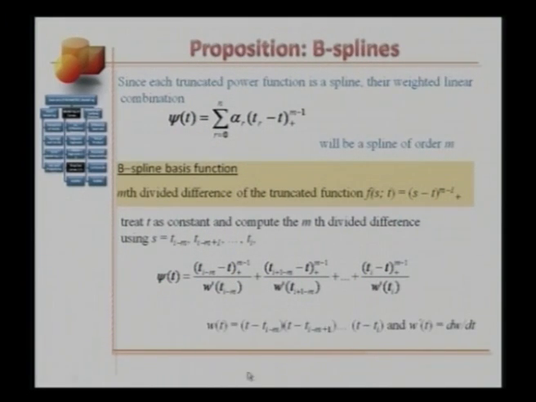Here w is the product of t minus t i minus m, t minus t i minus m plus 1, and so on up till t minus ti, and w prime is the first derivative of w with respect to t.